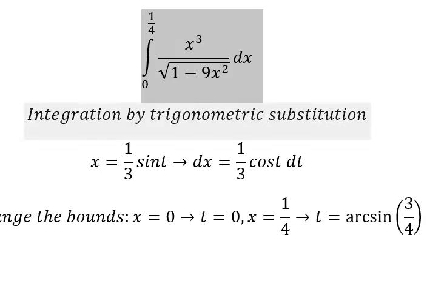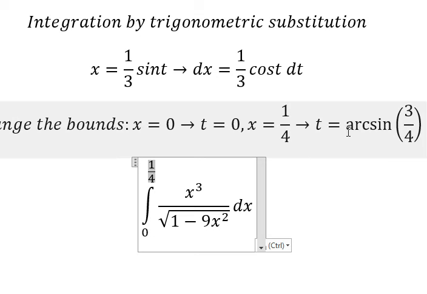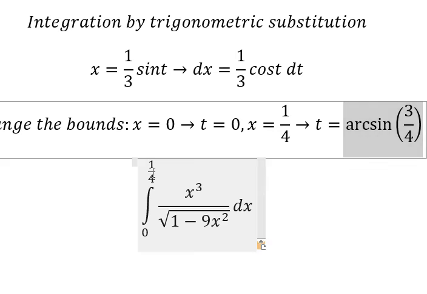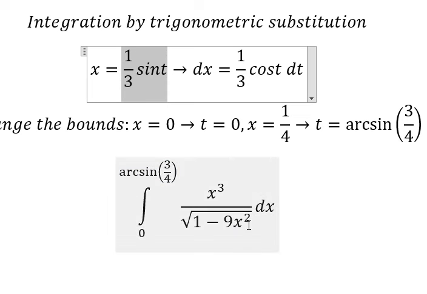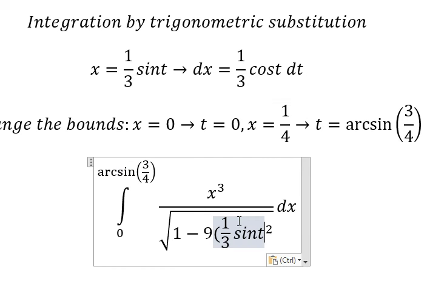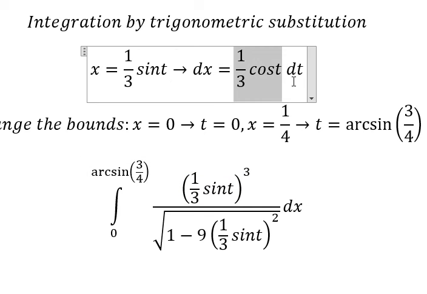So now we need to change this one. 0 we keep the same. 1 over 4 we change by this one. s we change by this one, and this one. ds we change by this one.